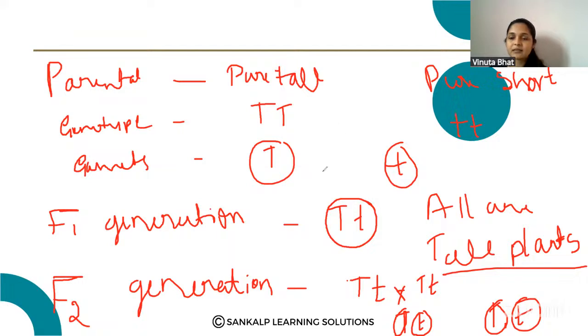Now I will clear this and I will put the checkerboard. Please note down this. F2 generation plant. So here I will use the checkerboard.